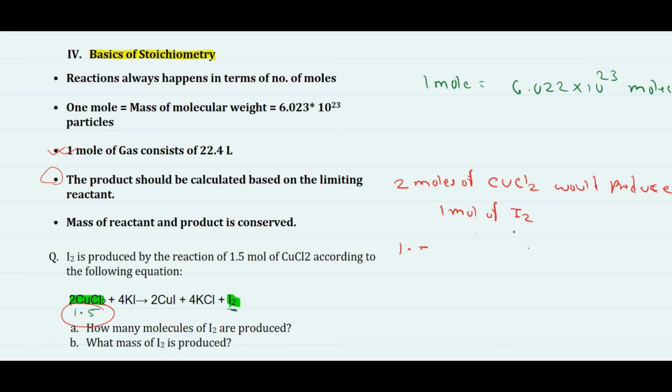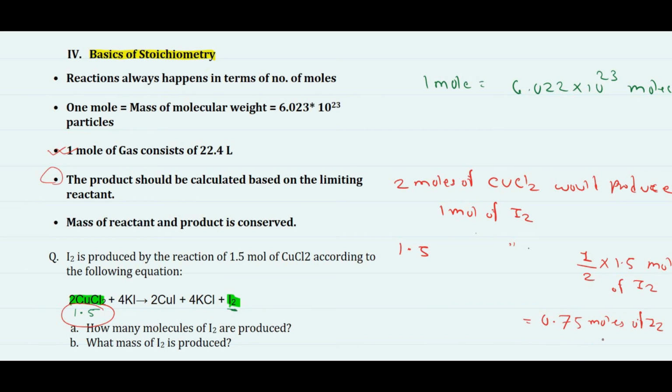Therefore, 1.5 moles of CuCl2 would produce 1 over 2 times 1.5 moles of I2. So this would be 1.5 divided by 2, that is 0.75 moles of I2. So 1.5 moles of CuCl2 could only produce 0.75 moles of I2.